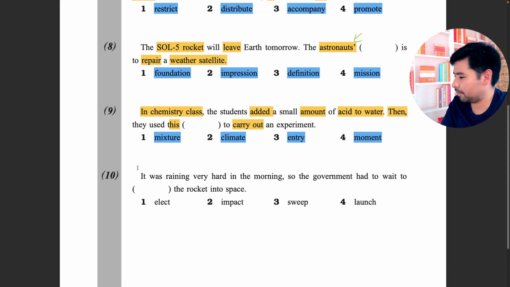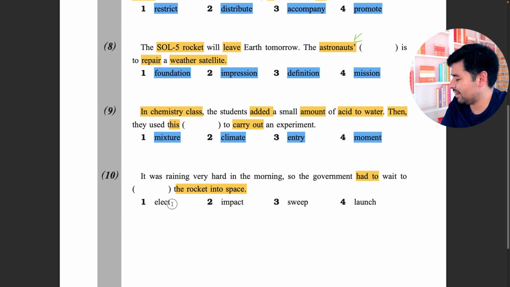Let's go on here. It was raining very hard in the morning, so the government had to wait. Had to, important word, to something their rocket into space. So, okay, it was raining very hard. So they had to wait for what? The rocket into space.